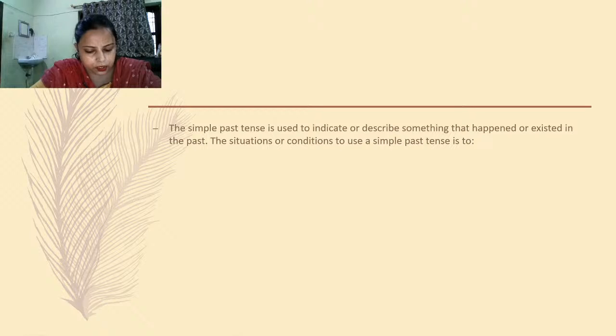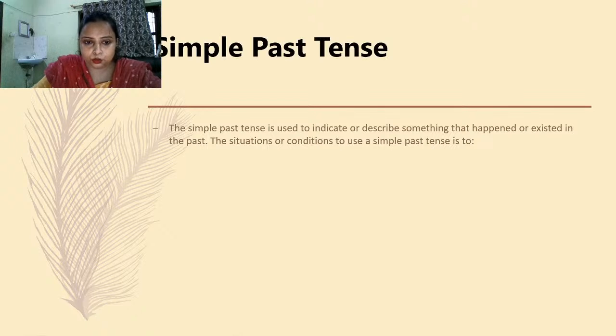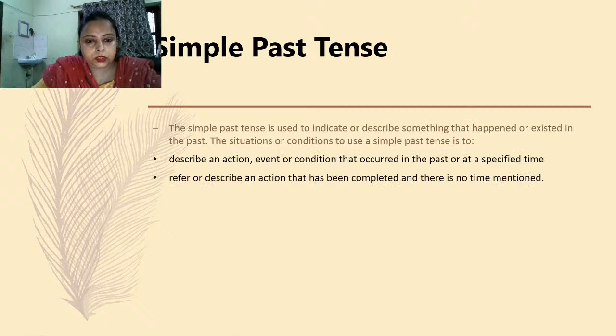The situation or condition to use a simple past tense is to describe an action, event or condition that occurred in the past or at a specific time.